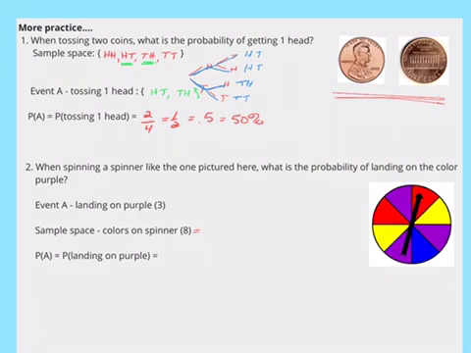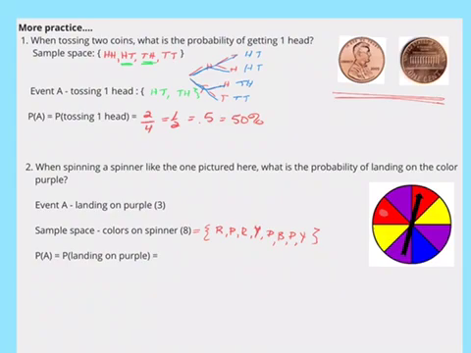I can see that I have a variety of colors, so I'm going to list them out, starting here and going in the clockwise direction. So I have red, purple, red, yellow, purple, blue, purple, yellow. So that's my sample space.